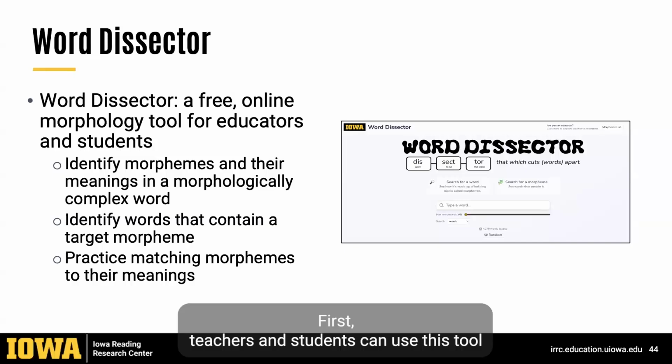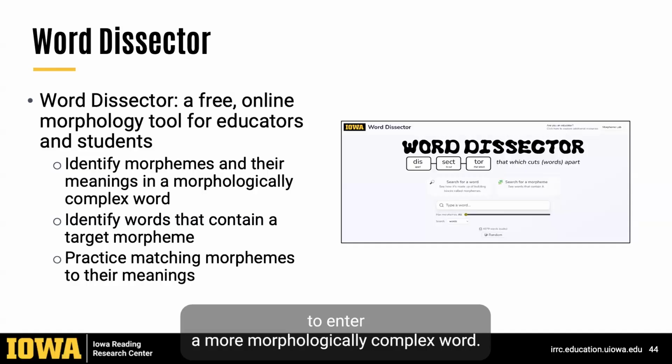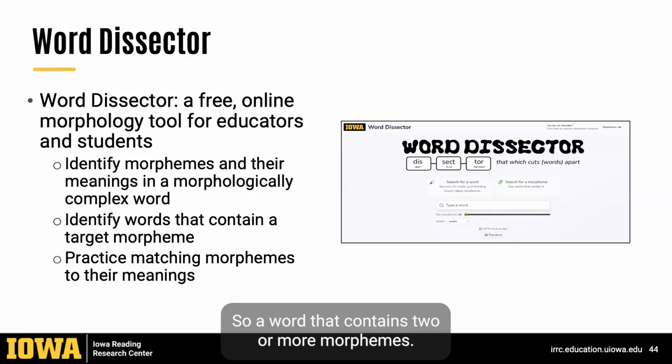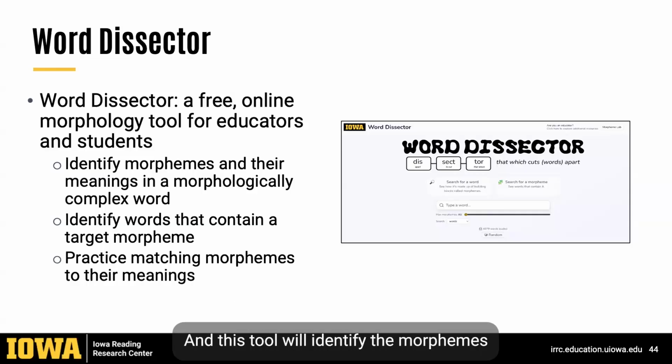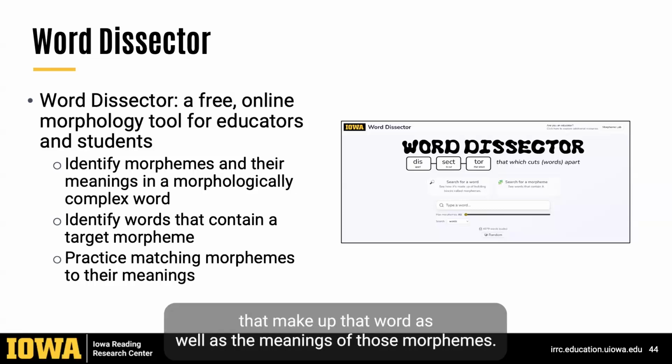First, teachers and students can use this tool to enter a morphologically complex word, so a word that contains 2 or more morphemes. And this tool will identify the morphemes that make up that word, as well as the meanings of those morphemes.